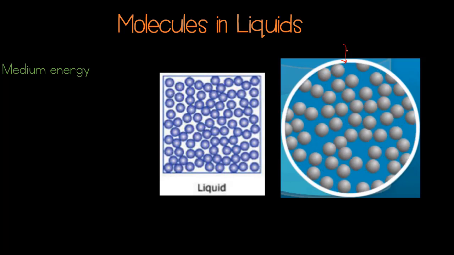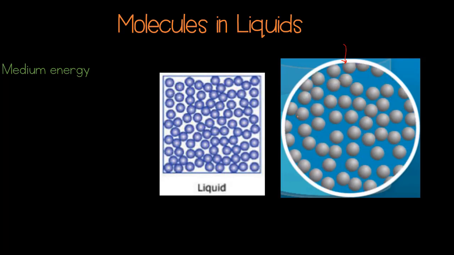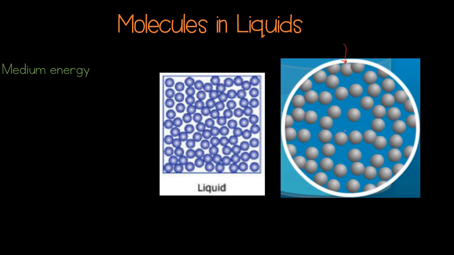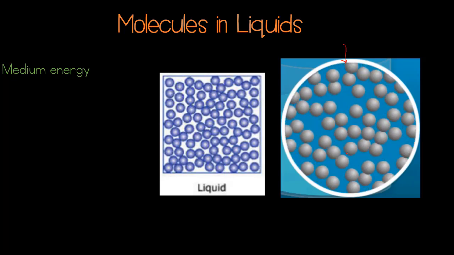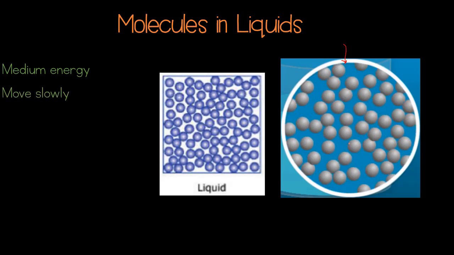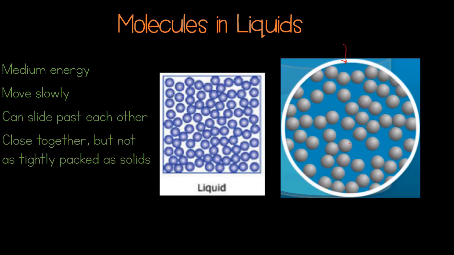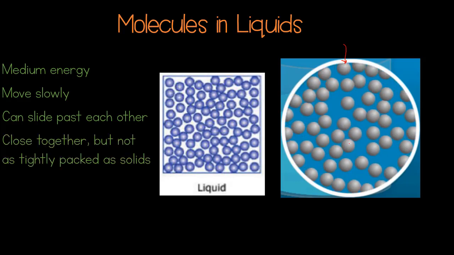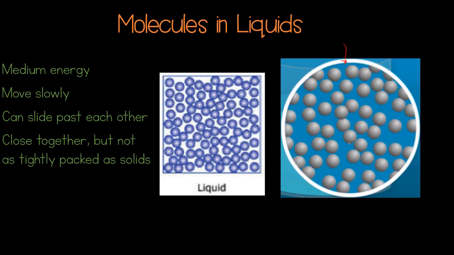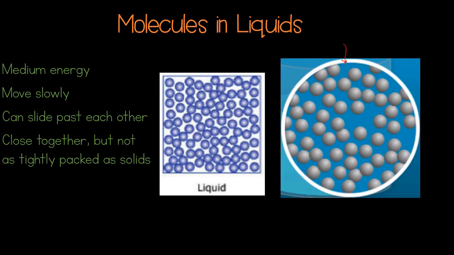So the molecules in liquids are more spread out. And since they're moving more, they have enough room to start sliding around past each other. They're not fixed in position like solids, but they're still pretty close to each other with just enough room to slide around. So that's how the molecules in liquids are different than the molecules in solids.